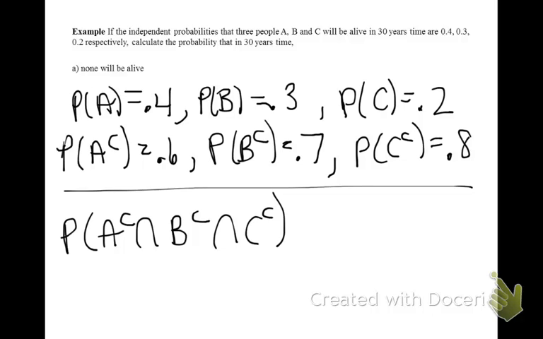Now, the key to solving this problem is to recognize that people are always independent of one another as long as they're randomly selected. So knowing that person A lives or dies won't tell us whether or not person B lives or dies. That means we can multiply these probabilities. Anywhere that there's an intersection, you can change it to a times.